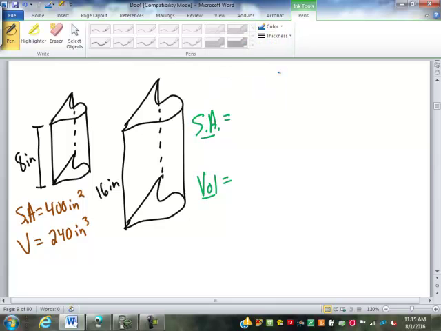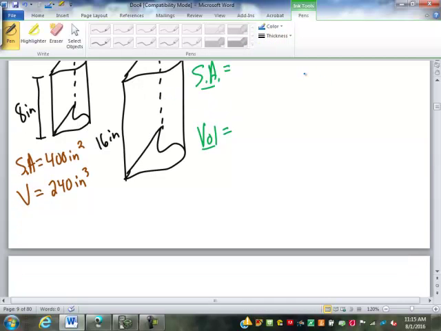So when we're dealing with a problem like this, we start out with the ratio of lengths. And our ratio of lengths here is 8 to 16, which reduces to 1 to 2. So when we look at areas, how do we find our ratio of area?